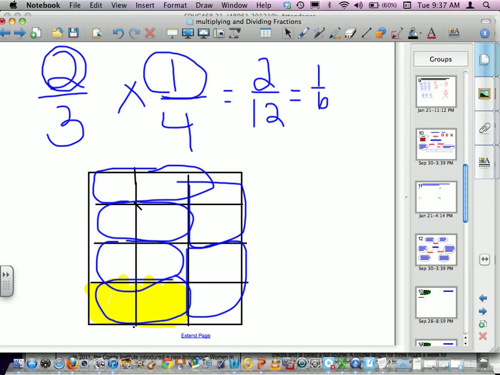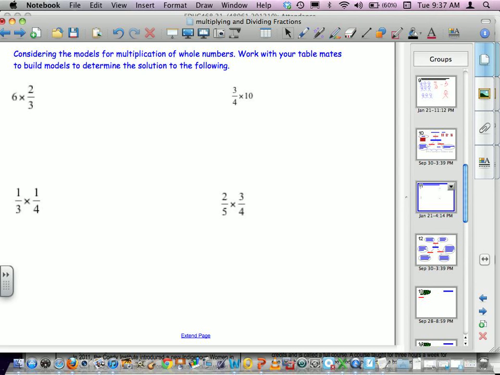Okay, so let's look at some of these multiplication questions then. We haven't done question 2 yet, so we're going to come back to that in a minute when we do division. Let's think about 1/3 times 1/4. I want you to find thirds in your little transparent sheet.